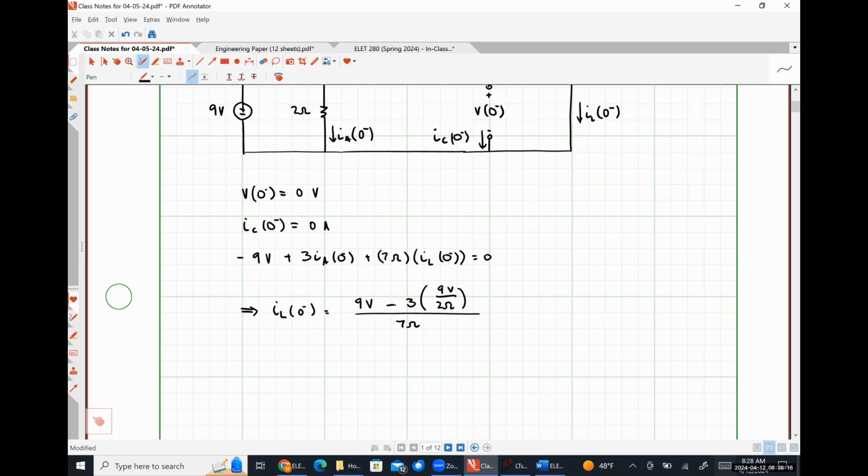Thank you for that. So +9 goes over, -3 goes over, divide by 7. Thank you. And let's throw this in. So 9 minus 3 times 9 over 2 divided by 7 gives me -9/14 of an amp, which is -0.643.